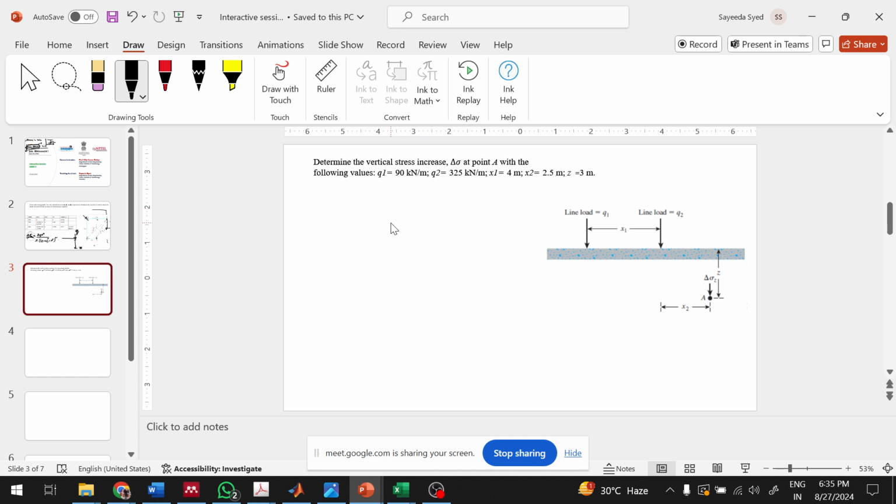Kilonewton per meter means per meter in this direction. 1 meter, per meter, like this will be 90, and then for the next 1 meter it will be 90, then for the next 1 meter it will be 90. So 90 kilonewton per meter.